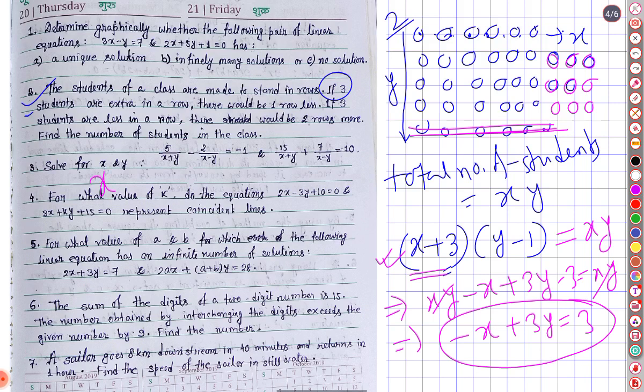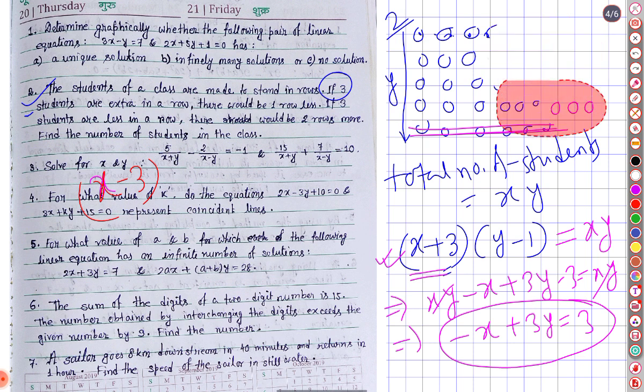That means now x minus 3 in each row, three students less. If we remove three students, the number of rows will increase.